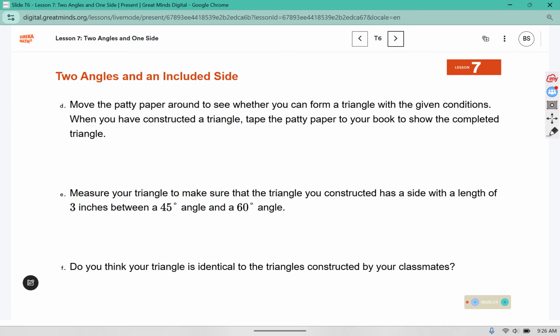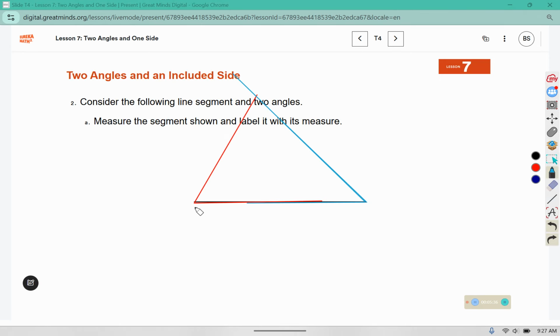E, measure your triangle to make sure that the triangle you constructed has a side with a length of 3 inches between a 45-degree angle and a 60-degree angle. So if we measure this side length here, it should be 3 inches. And we traced this angle and it was 45. And we traced this angle on our tracing paper and it was 60 degrees. So just make sure that you have all of that labeled in your problem too.